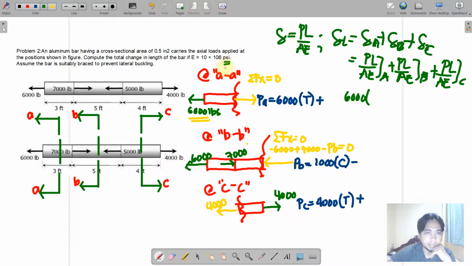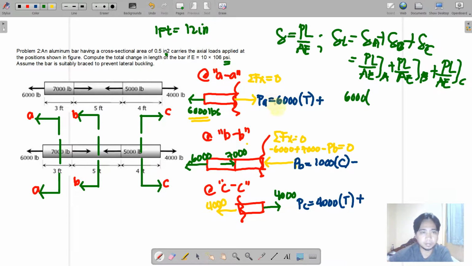We have here PSI and inches. Therefore, the feet unit here should be converted into inches. Investigating the unit, in 1 foot there are 12 inches.